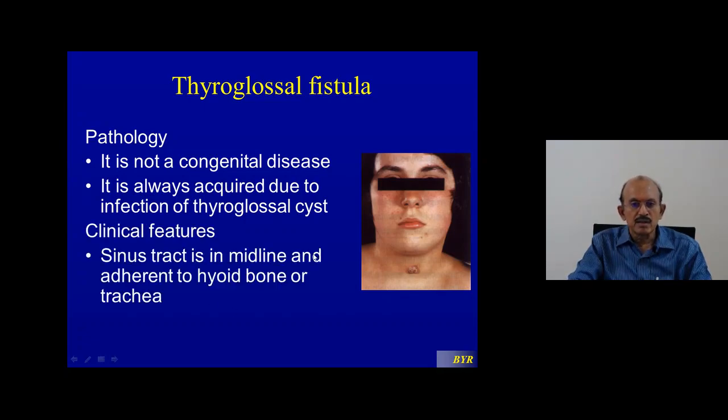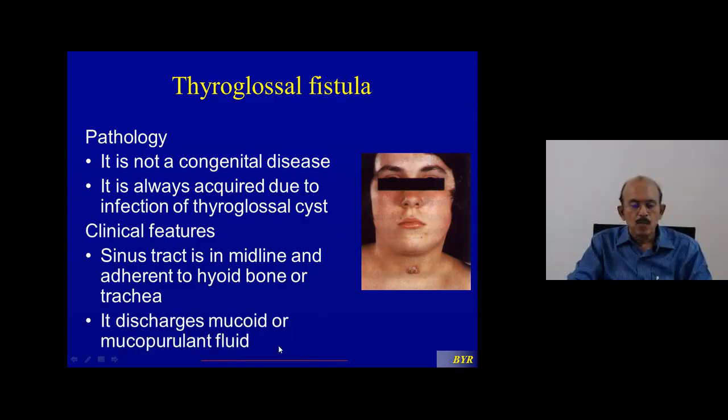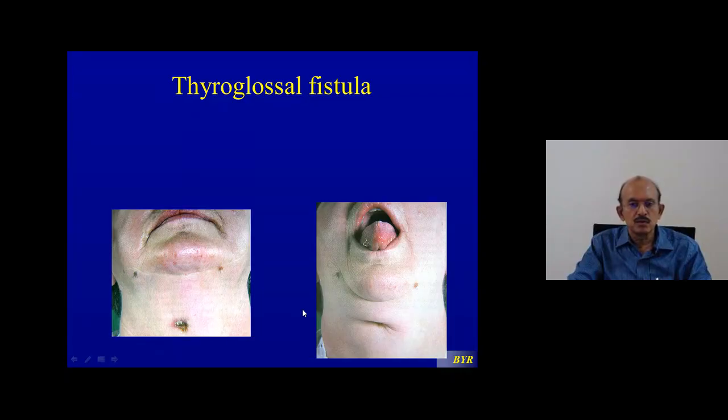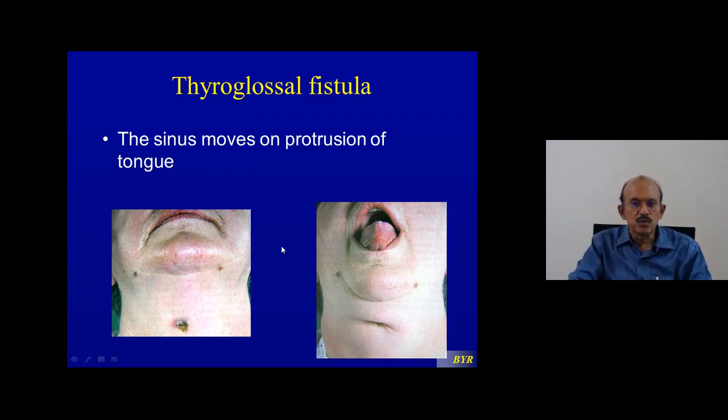Clinical features: the sinus tract is in the midline and adherent to the hyoid bone or trachea. It discharges mucoid or mucopurulent fluid. You can see the movement of the fistulous tract on protrusion of the tongue. The sinus moves on protrusion of the tongue.